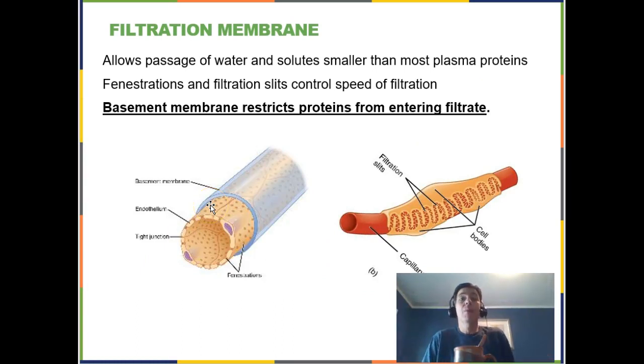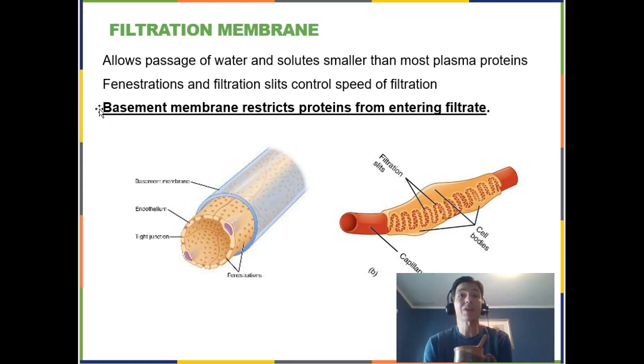So the most important thing that you want to know is that it is the basement membrane that ultimately decides what ends up in the filtrate and what stays in the bloodstream. And it is a simple size restriction process.